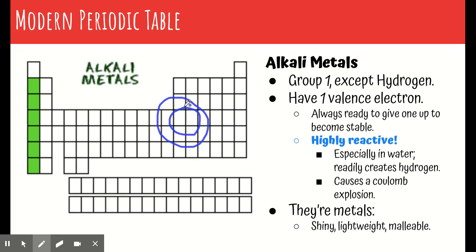So if this one has like 2 here and 1 on the outside, we know that this atom is going to be most stable with a full valence shell. Okay, so this is what we're focusing on for this unit. So with a full valence shell, they're going to be stable. They're not going to react anymore. And atoms want to be stable. They're going to lose or gain electrons with other atoms around them in order to become stable.